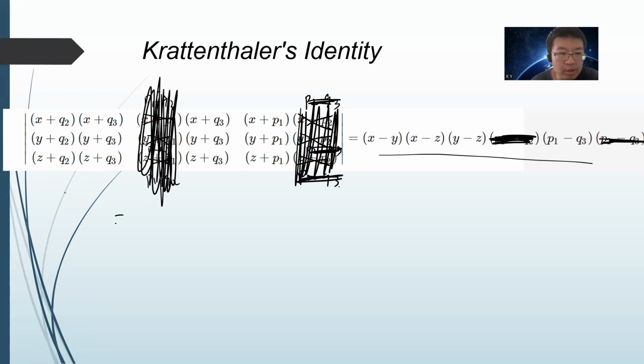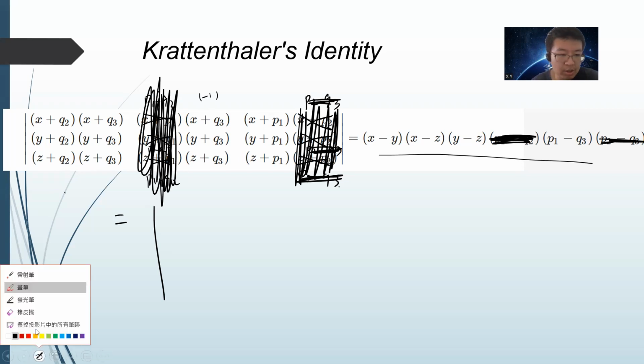The remaining looks like this: x plus q2, x plus q3, y plus q2, y plus q3, z plus q2, z plus q3, and x plus p1, y plus p1, z plus p1. I can do the same thing: multiply the second column by -1 and add it to the third one.